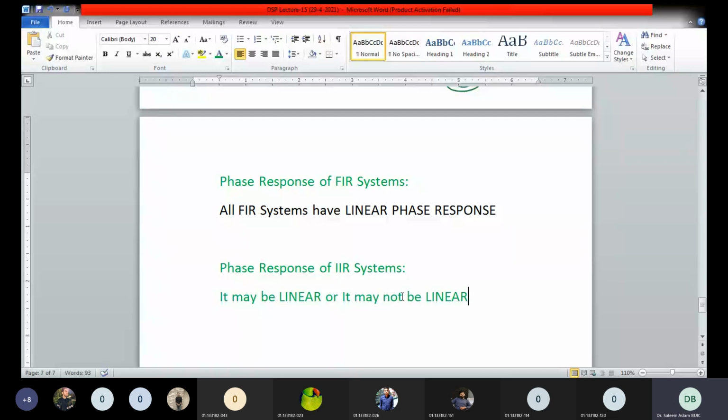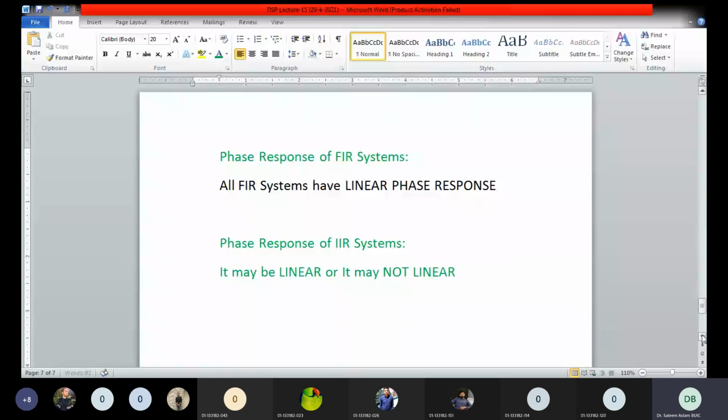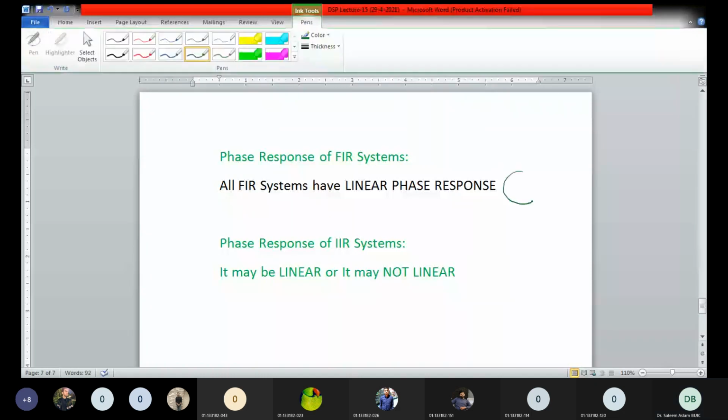So when we have phase response linear, जब हमें linear response मिलता है, we become smiley. We need stability analysis.